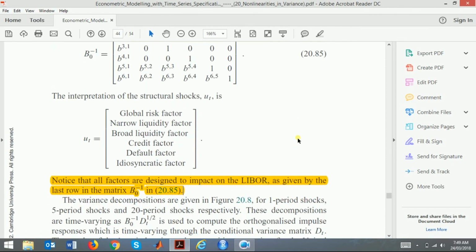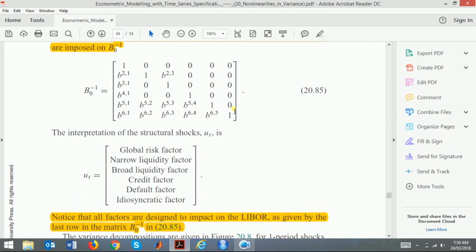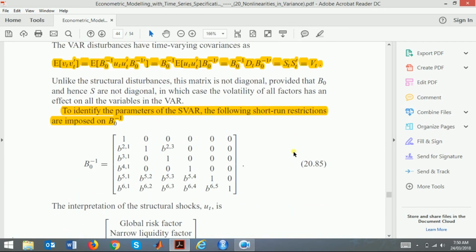So what are we talking about? All factors should impact LIBOR, while LIBOR should not impact the other factors, as given by the last row in beta naught inverse. So these are the restrictions.